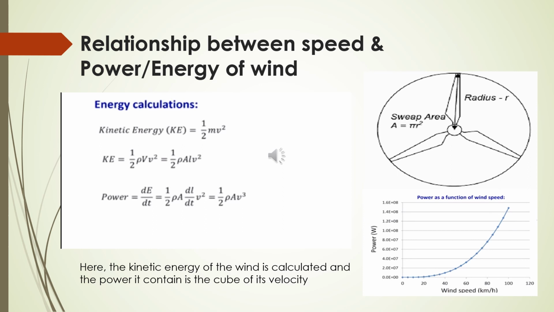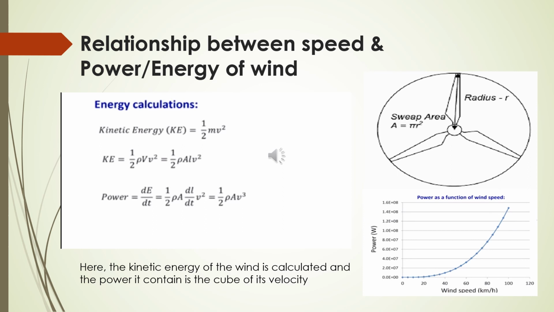So moving to the next slide, which is the relationship between speed and power or energy of the wind. So here are some energy calculations regarding the kinetic energy and the power of the wind. We are assuming v, small v, is the velocity of the wind. So the total kinetic energy of the wind is half mv square.